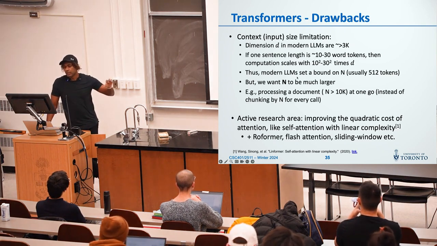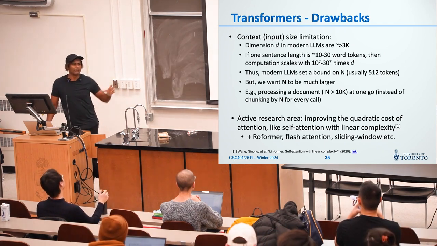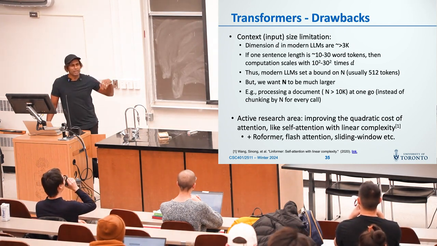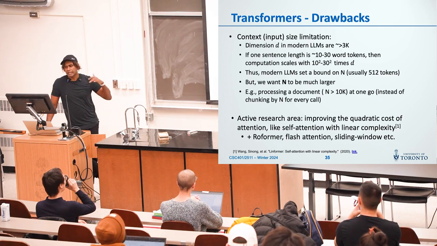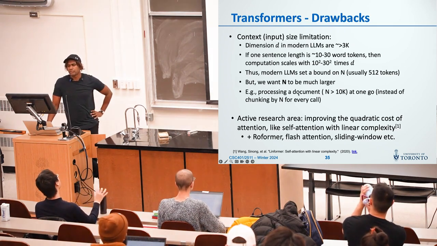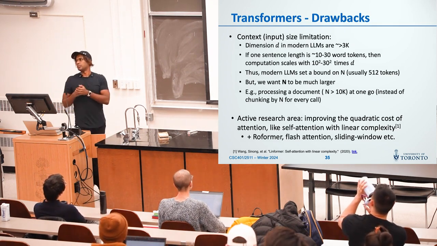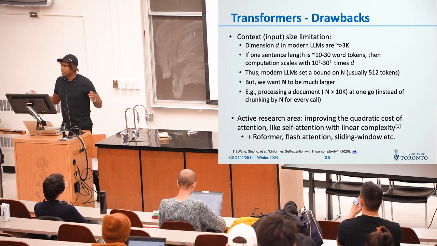And usually that's why you'll have a bound set on max tokens, like 512 tokens. Now it has gone up, and we'll probably talk about it, but those are improvements, but this is a classic bottleneck, right? But then it's a problem because what if we want to process larger documents? We want to process a whole document which can have many, many sentences, right?